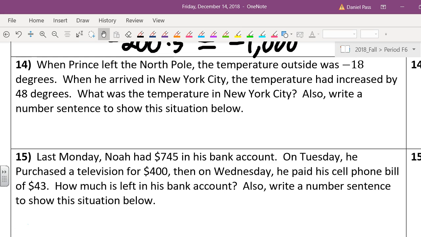When Prince left the North Pole, the temperature outside was negative 18 degrees. That's a negative. I should have put 18 degrees below 0, huh? Yeah, that's fine. I'm gonna put below 0 on the test, so you guys know your negatives. Below 0, and you're gonna know that that's a negative. Okay, so let's write down negative 18. When he arrived in New York City, the temperature had increased, right? So that's a keyword. Increased by 48.